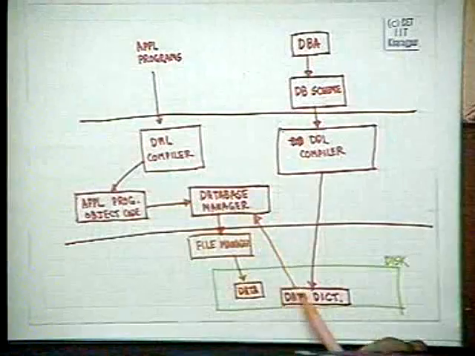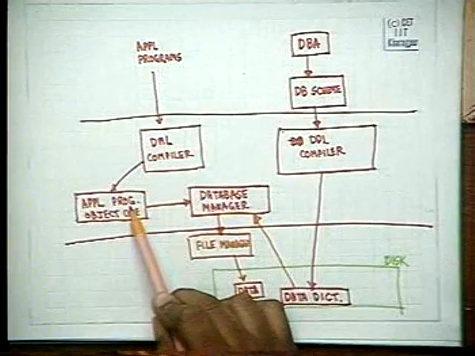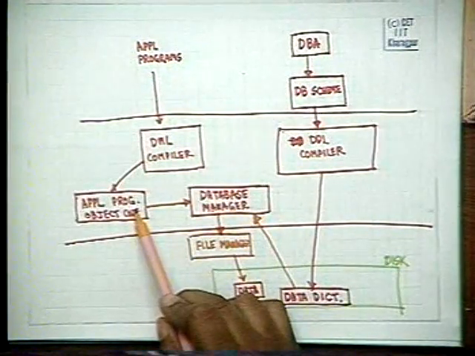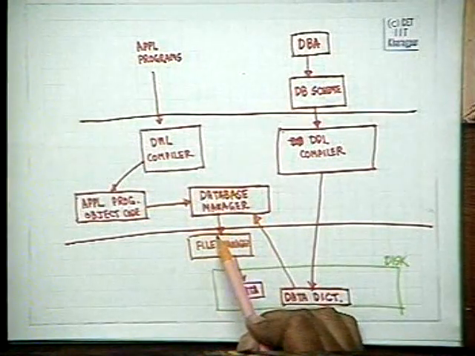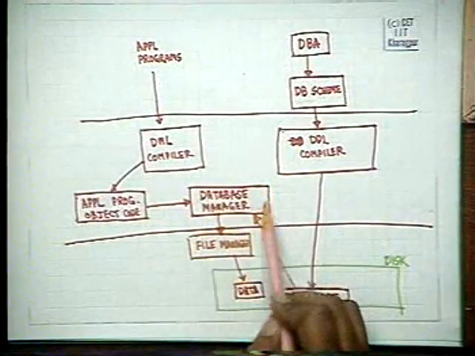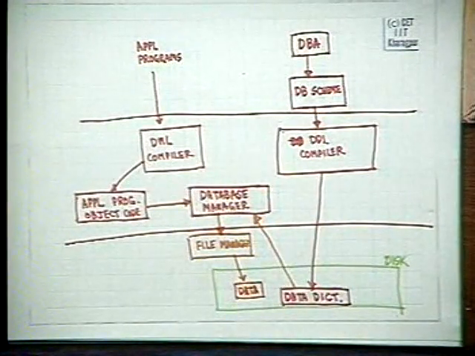That will be gathered from here. The application program will just say it wants the balance from the accounts data, and that will have to be converted to file system commands, and that translation is done by the database manager.